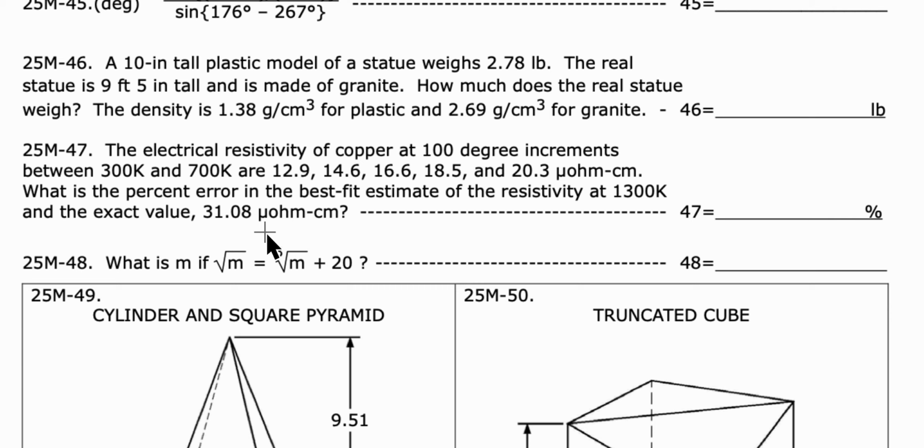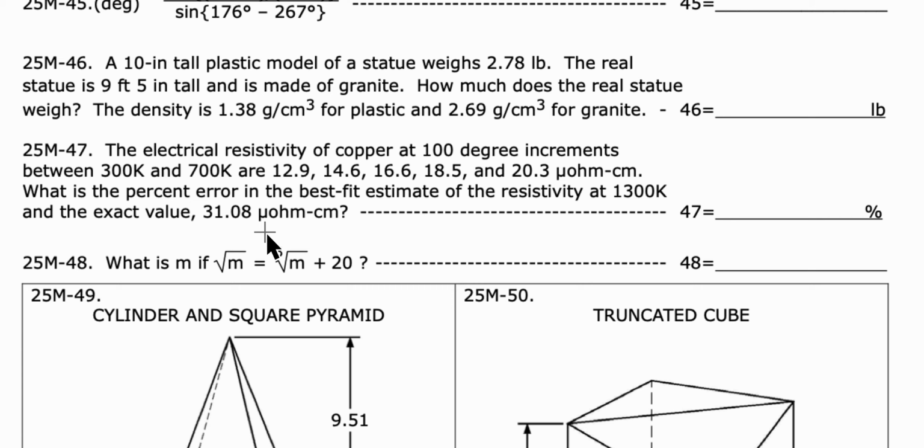In this case, the resistivity, one can assume, depends on the temperature, so that's going to be our Y value. 12.9, enter 300, sigma plus. Make sure you've cleared your stat registers, because you use them for the linear regression questions, or the function in the previous question.